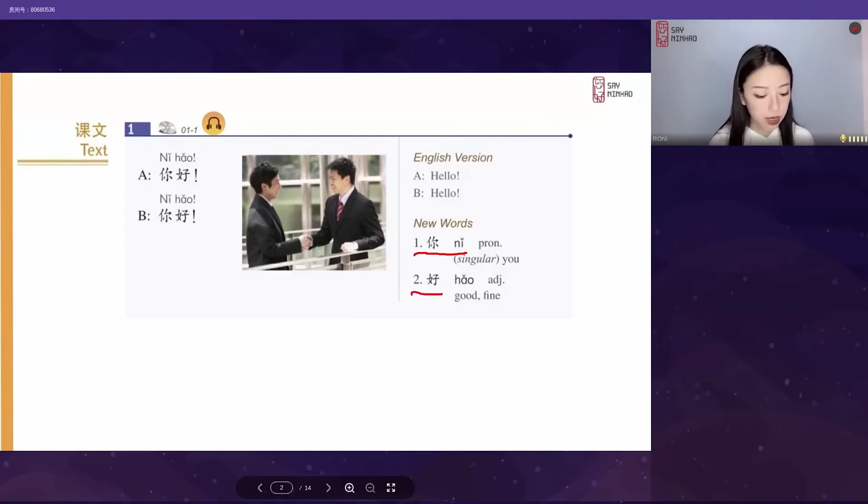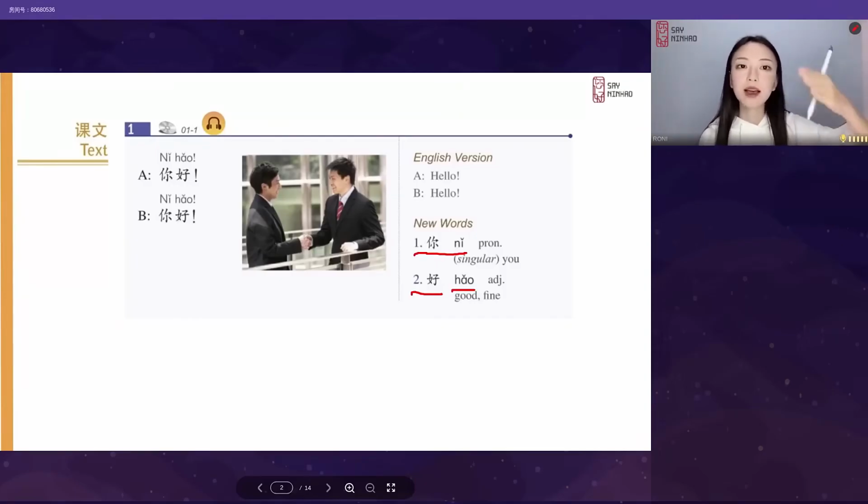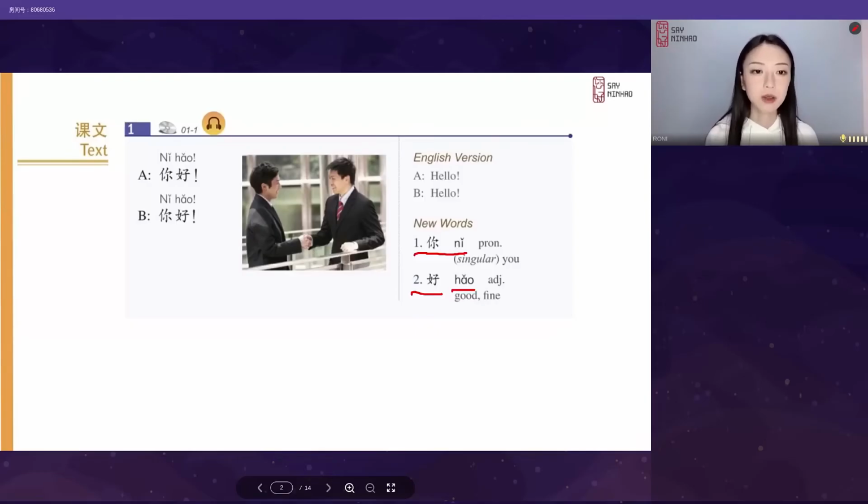Next new word is 好. The initial is h, the final is ao, and the tone is third tone, so it is 好. Read after me please. 好 means good, fine.